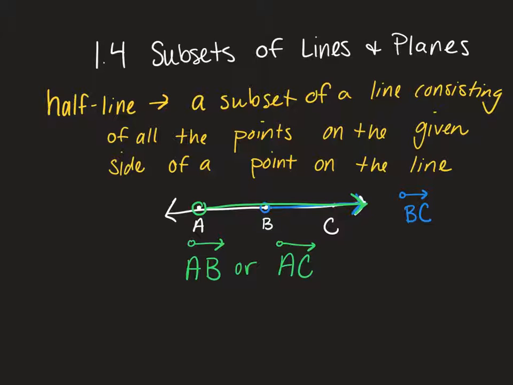If we wanted to go the other direction, so let's say from CA, right? So half line CA would look like the one that I drew in red, right? Starts at C, goes in the direction of A. So your first letter is your vertex or your starting point. Your second letter tells you your direction.